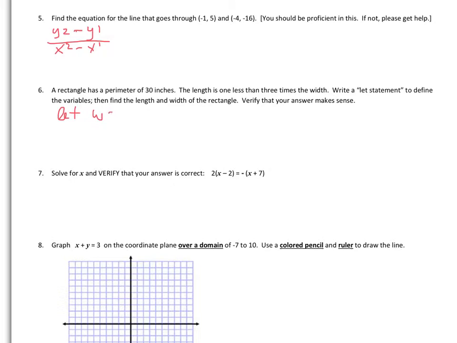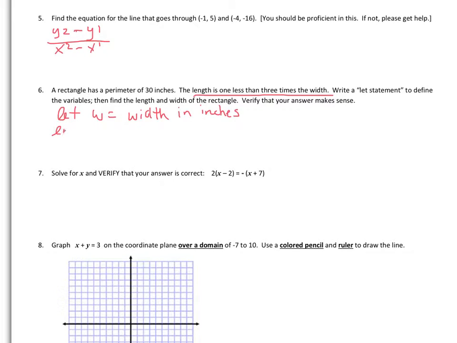W equal the width in inches. Remember, we have to have units. So as W is the width, the length is 3 times the width minus 1.